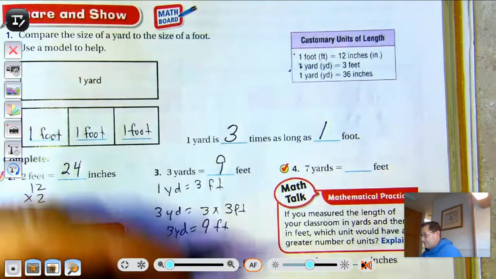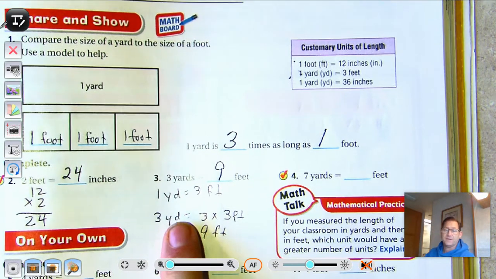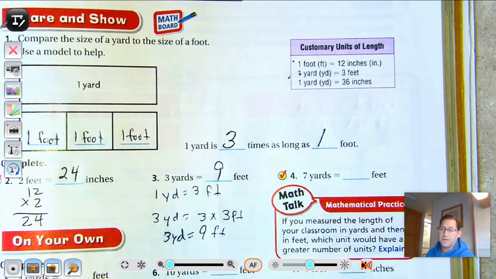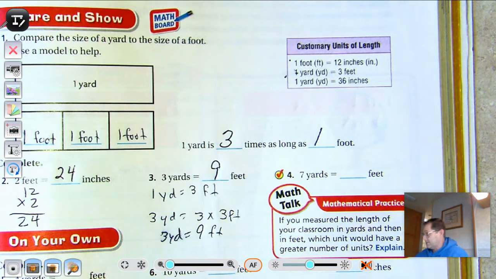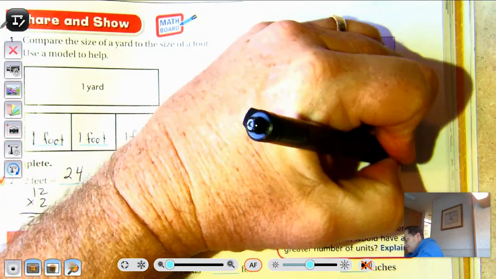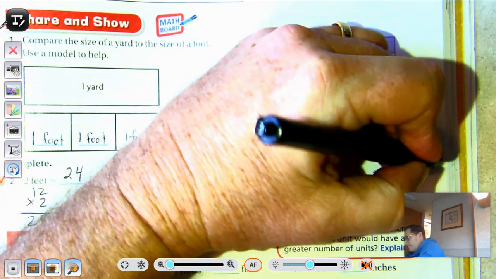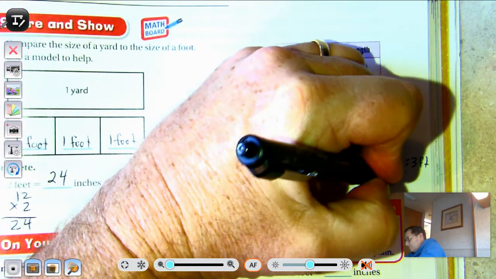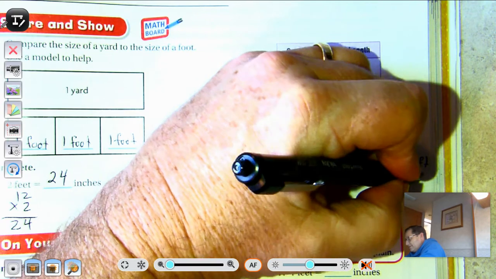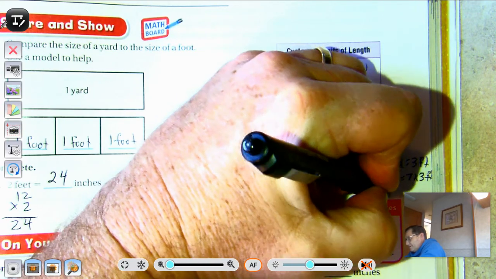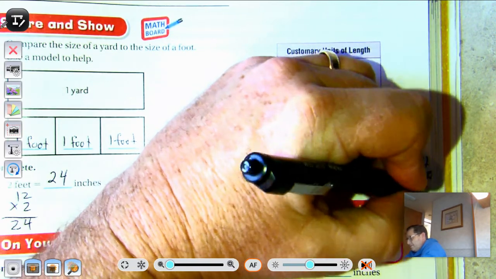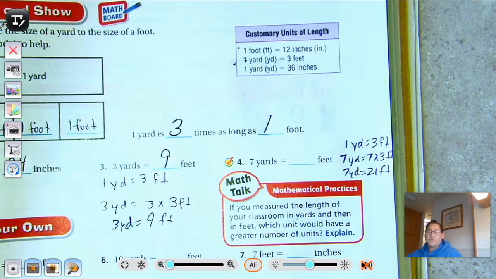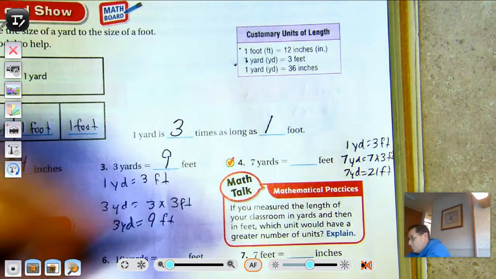Okay, well, it's the same basic thing, except instead of multiplying by 3, we're going to multiply by 7 because there are 7 yards this time. So we still know that 1 yard is 3 feet. They have 7 yards. So 7 yards equals 7 times 3 feet. 7 yards equals 21 feet.